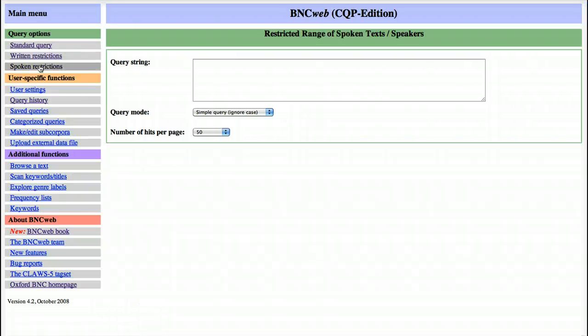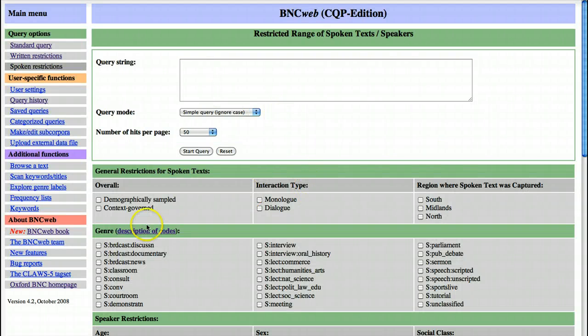So let's have a quick look at spoken restrictions. So we might have overall restrictions for texts between demographically sampled, that's conversations, and or context governed, that is more formal interactions like meetings, conferences, things like that.